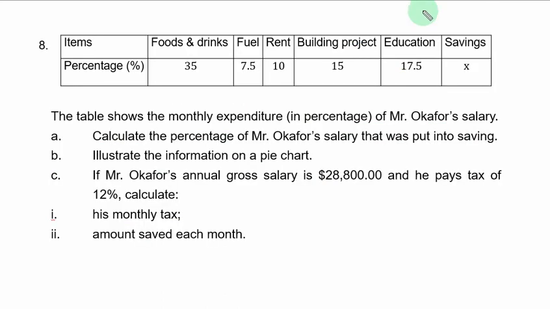Question 8. The table shows the monthly expenditure in percentage of Mr. Okafor's salary. You have food and drinks, 35%, fuel, 7.5%, rent, 10%, building project, 15%, education 17.5%, savings you have S percent.